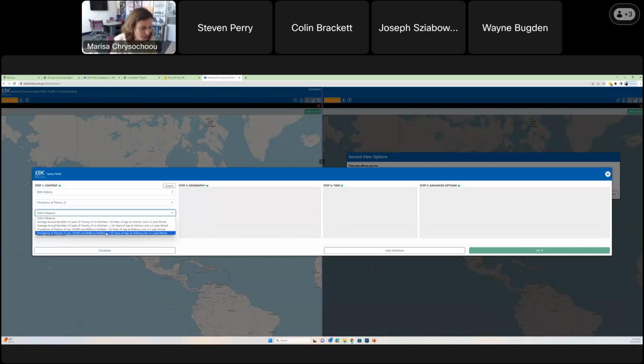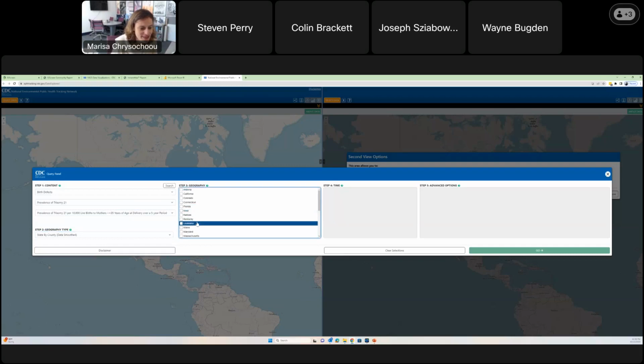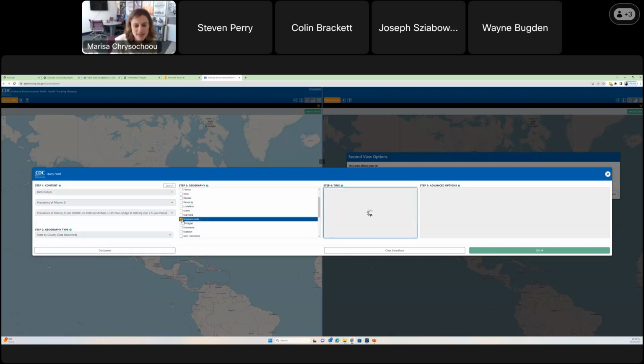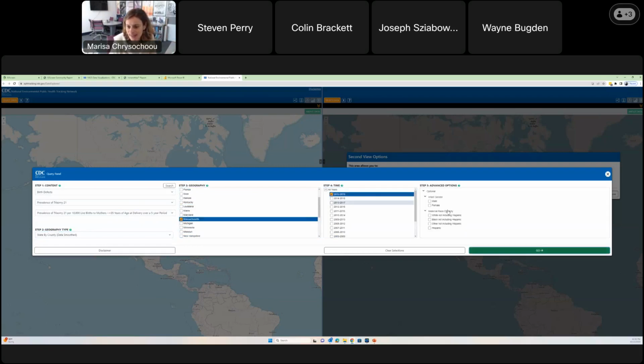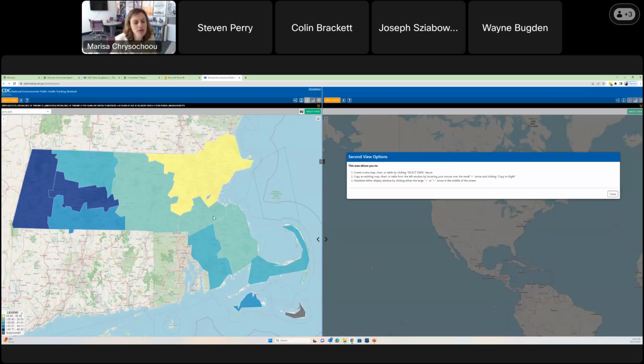Honestly, you can spend hours looking at this. Then you can select the geographic type and say that I want to look at state by county, and let's say I'm going to look at Massachusetts, 2015 to 2019, all genders and races. And this is what I'm going to get.